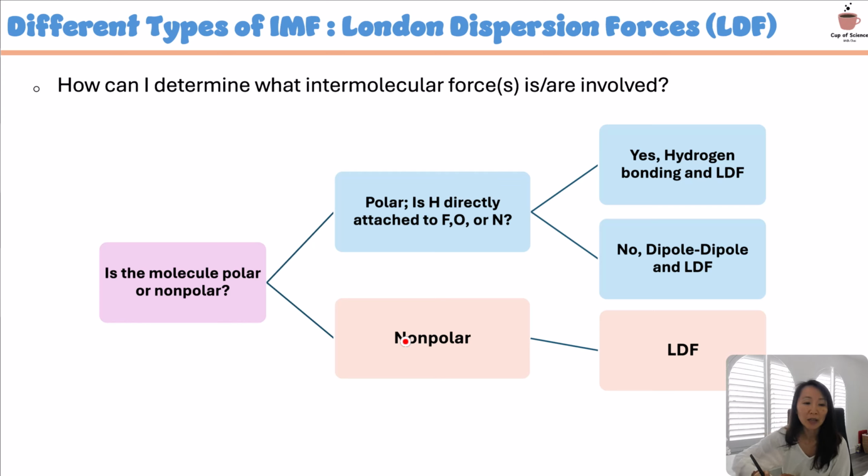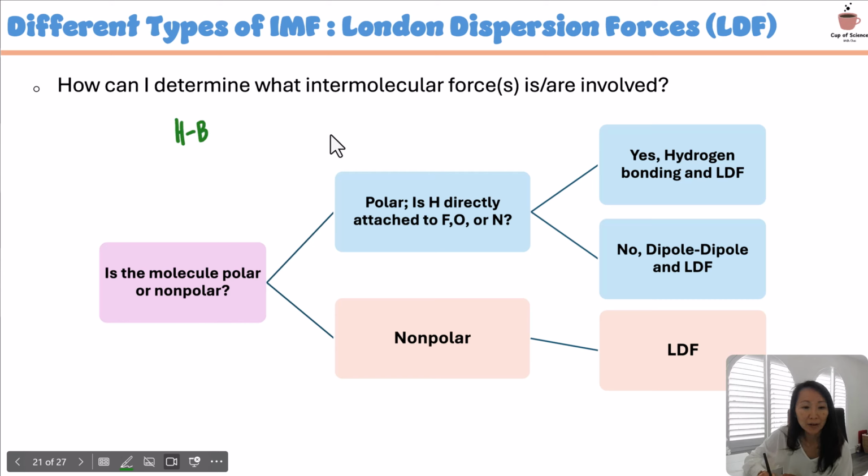How do we know? Let's do HBr. So here is H and then Br. What intermolecular forces are involved? You're going to look at this: is the molecule polar or nonpolar? I can tell this is a polar molecule. It's probably going to have a partial negative here and a partial positive.